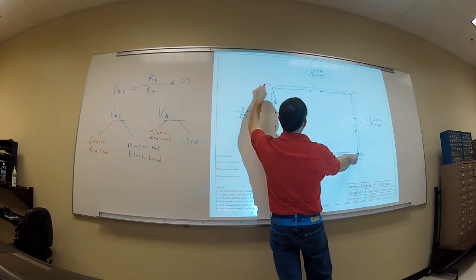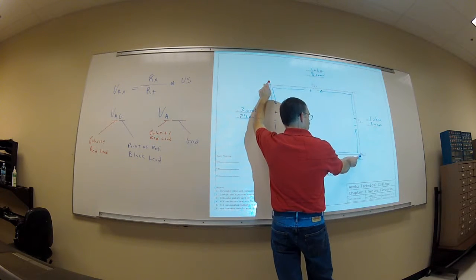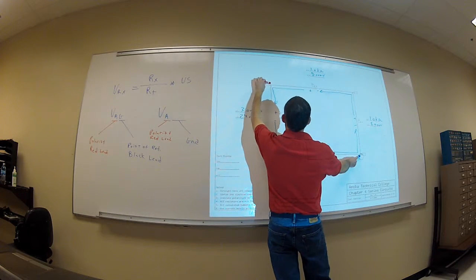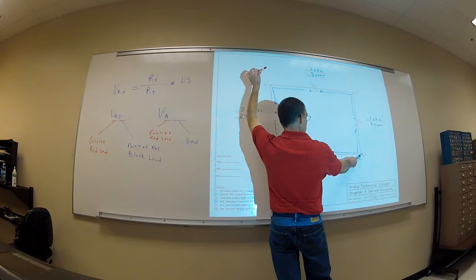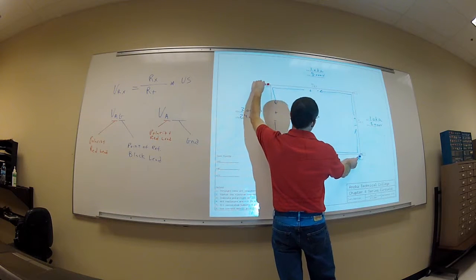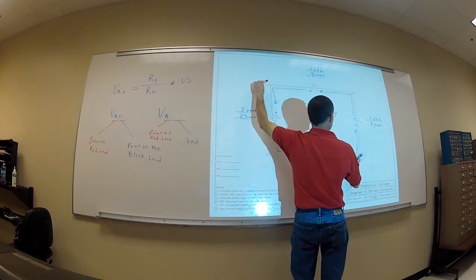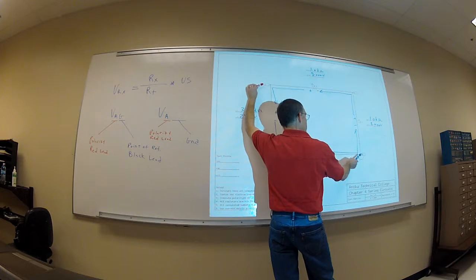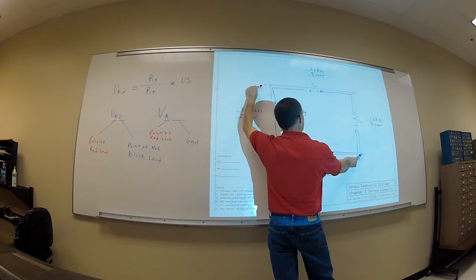We always bring our red lead down to our black lead, calculate out what our test point voltage is. So I'm going to bring my red lead, which represents my positive, around, and everything we do, we just add everything together. We're just going to take the sum.